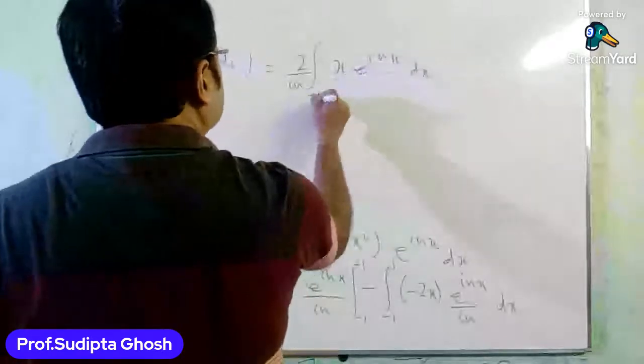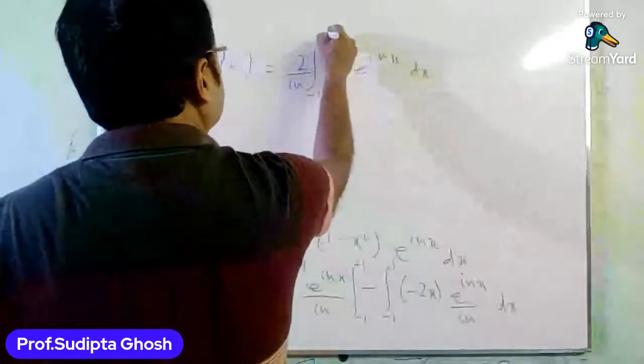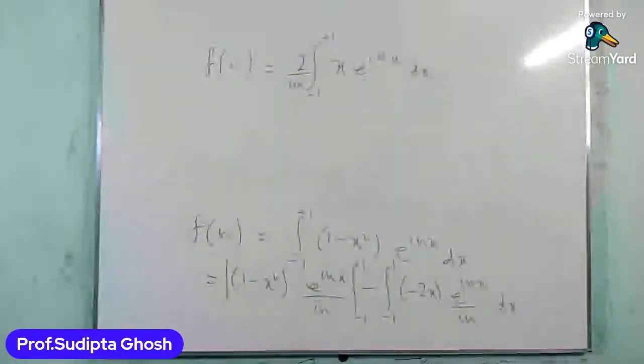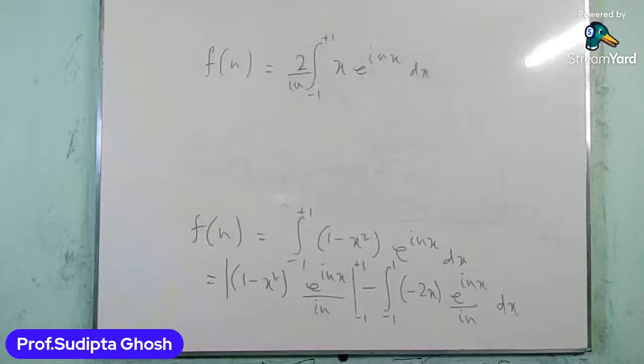Here also the integral limit is minus 1 to plus 1. So the integration reduces somewhat and it becomes 2 by i n integral minus 1 to plus 1 x into e to the power i n x dx. Okay, so the first part reduces here.